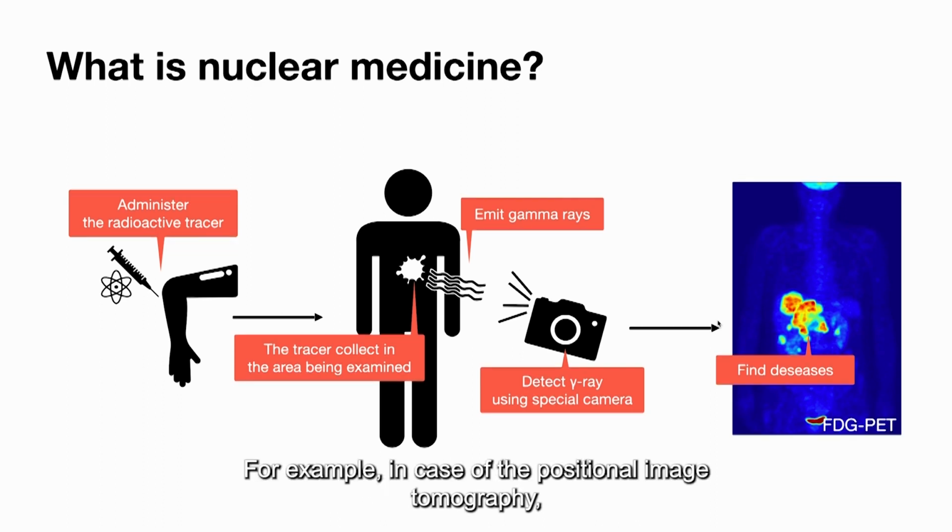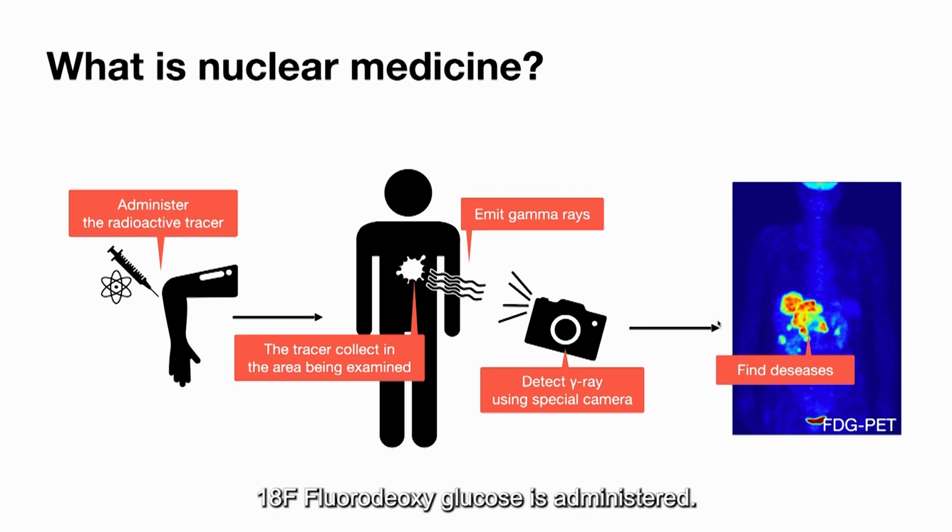For example, in the case of positron emission tomography, F-18 fluorodeoxyglucose is administered. The fluorodeoxyglucose behaves like glucose, in other words, sugar. It is taken up by glucose-using cells such as cancer cells or inflamed cells. So, fluorodeoxyglucose PET is used to find cancer or inflammatory diseases.